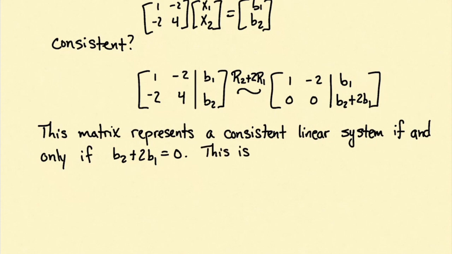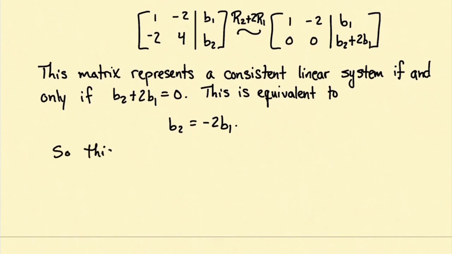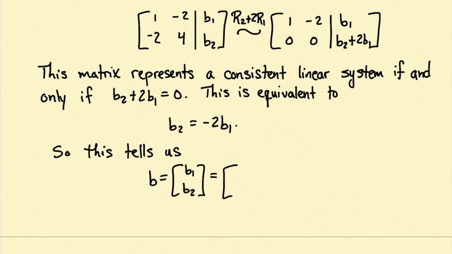Now we can phrase this as solving for b2 in terms of b1. So going back to our original matrix equation, this gives us a constraint on the values of the two-dimensional vector b. So this tells us that b must be the vector whose entries are b1 and -2b1.